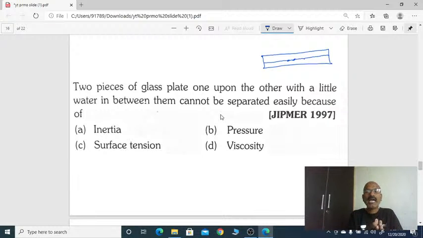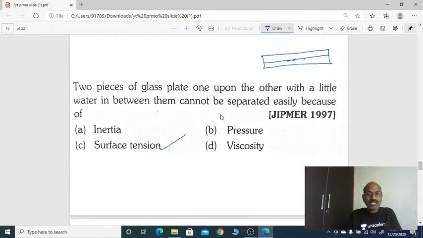If you attach them and then try to separate them, it is very difficult. We know the reason: the surface tension pulls the plates towards each other.